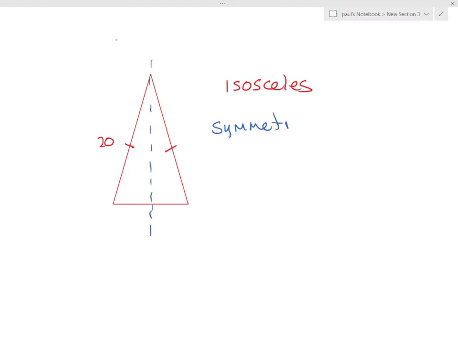We'll look at symmetry much more in detail later on, and this means the left hand side of the shape is exactly a mirror image of the right hand side of the shape. So with a line of symmetry, you might just be given that that is 3 centimeters, just that little bit on the side. Therefore, the line of symmetry tells you that this bit over here is also 3. The isosceles triangle tells you that that is 20, so you've got 46 centimeters altogether.